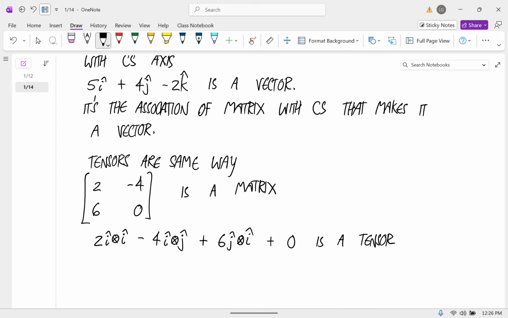So it's important to know that with vectors and tensors both, those things have relationships to coordinate systems.